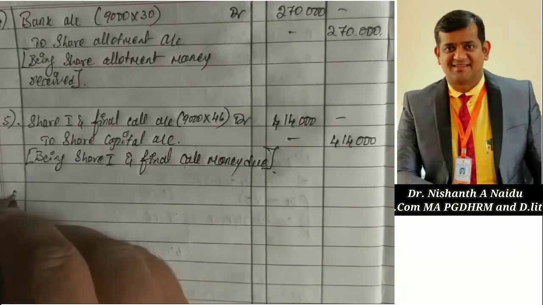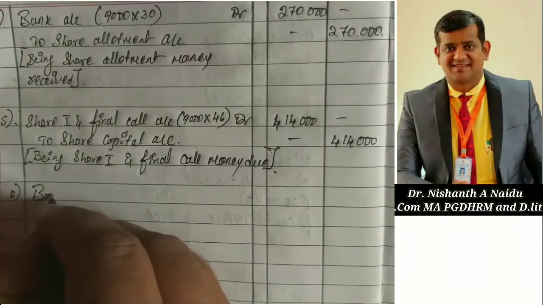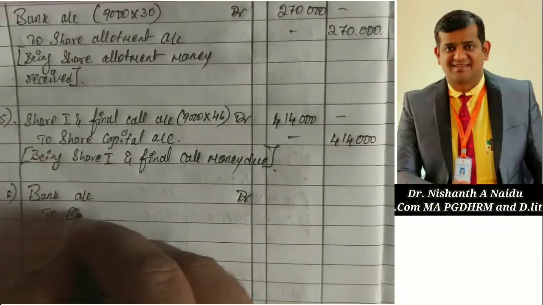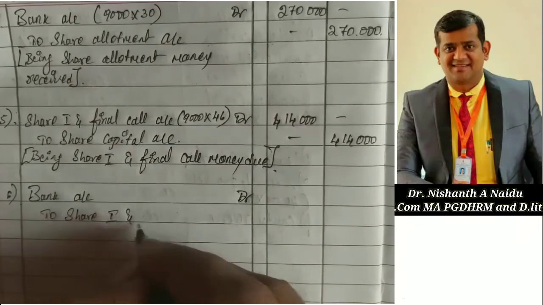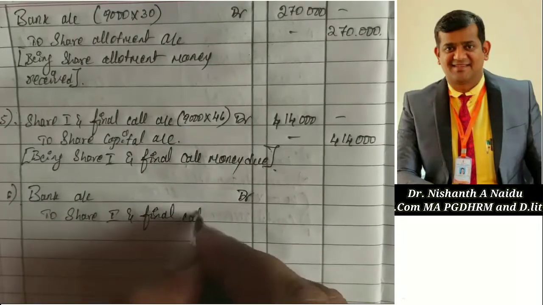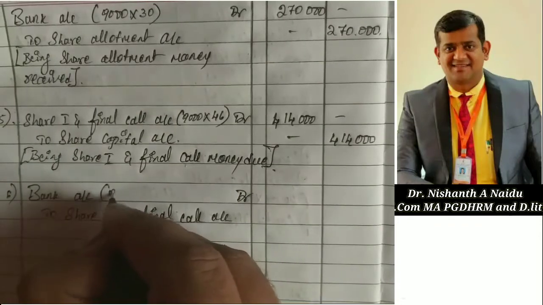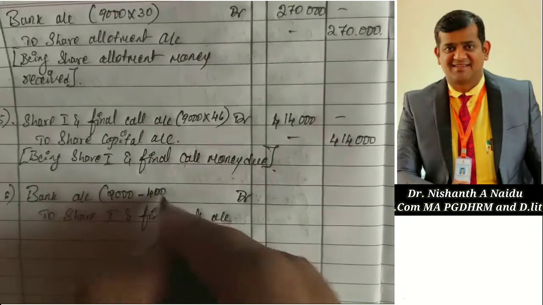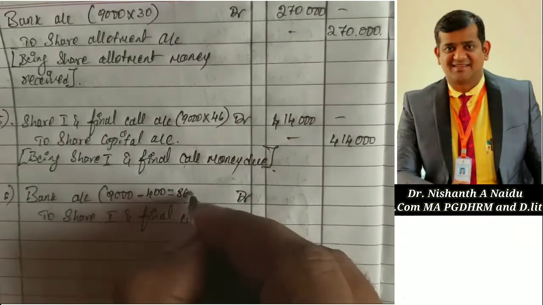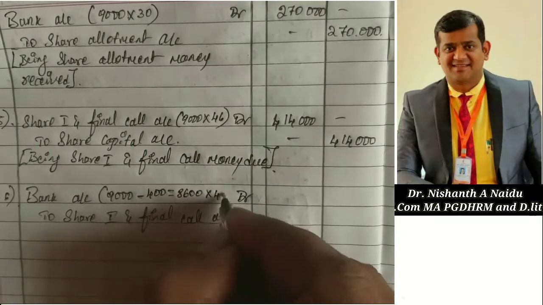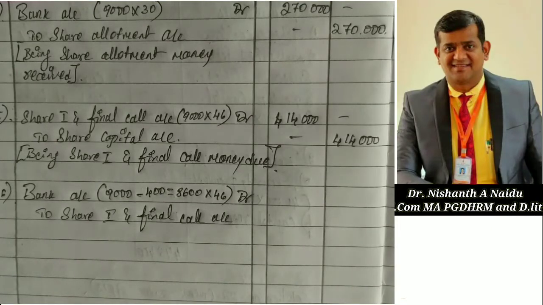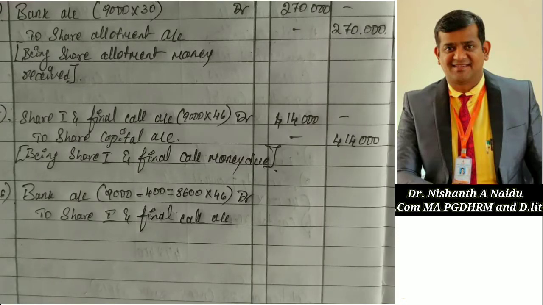Okay, so now the receipt entry. Bank account debtor to share first and final call account. A holder of 400 shares out of the 9,000 failed to pay the first and final call money.